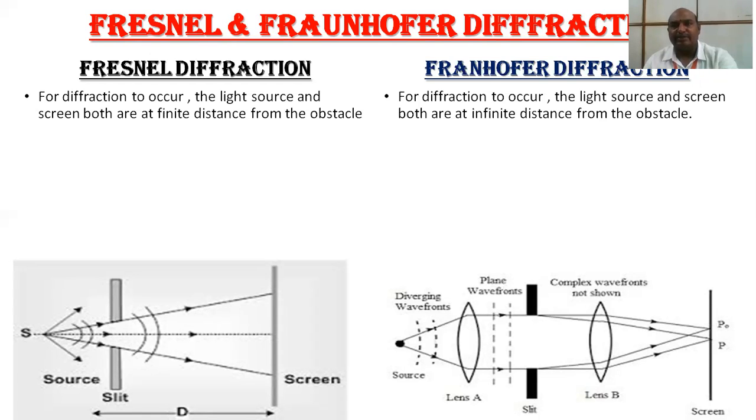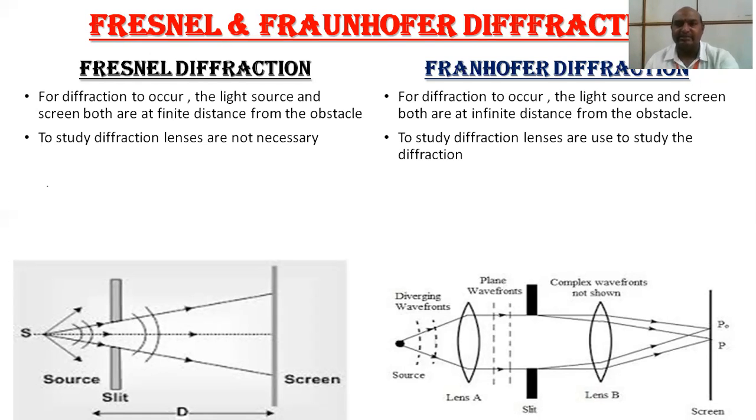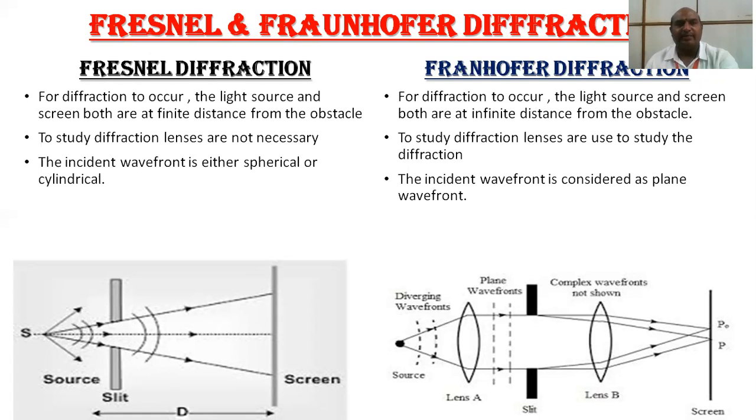In Fraunhofer diffraction, the light source and screen are both at infinite distance from the obstacle. In Fresnel diffraction, the incident wavefront is either spherical or cylindrical in shape, while the incident wavefront of Fraunhofer is considered a plane wavefront.